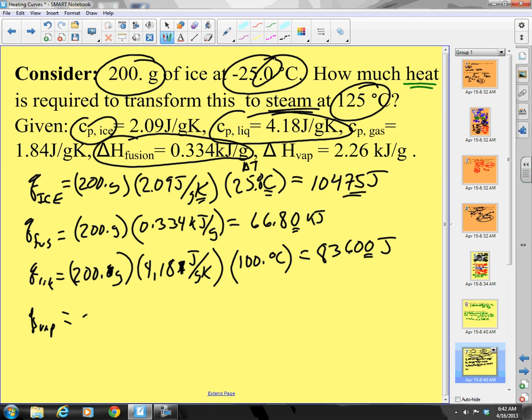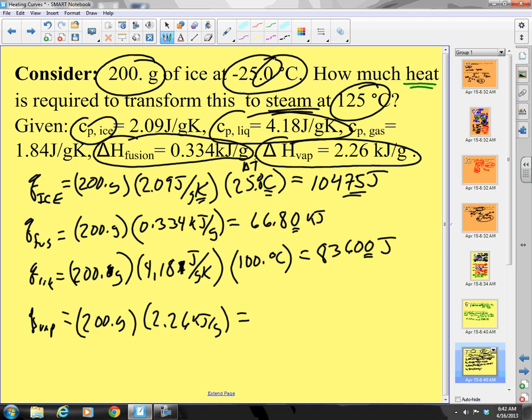Well, I'm going to take my mass, 200 grams, times my delta H vaporization, 2.26 kilojoules per gram. 2.26 times 200 equals 452.0 kilojoules. Right, and the first 3 are significant.